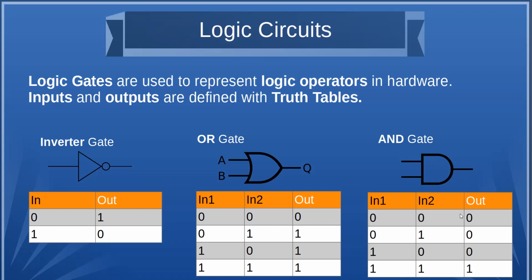In the AND gate, it's only true when all the inputs are true. If I had a NOR gate, it's going to be just the inverse, so the output's going to be true if both inputs are false. In a NAND gate, the output is going to be false when both inputs are true.